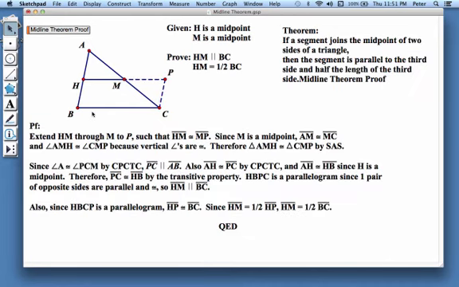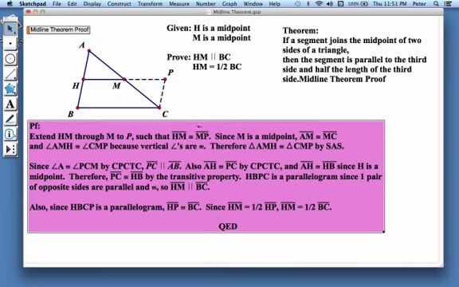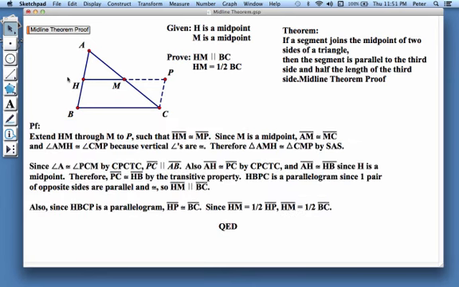Okay, this isn't really anything we've seen before, but we're going to extend HM through M all the way to P, such that HM is congruent to MP.